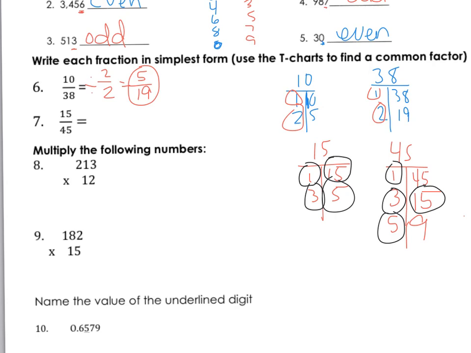I see that my biggest one is 15. So that's what I'm going to divide by is 15. And that gives me 1/3. Okay? 15 divided by 15 is going to be the number that's across from it. 15 divided by 15 is 1. 45 divided by 15 is 3. Okay, it's just the number that's across from it.